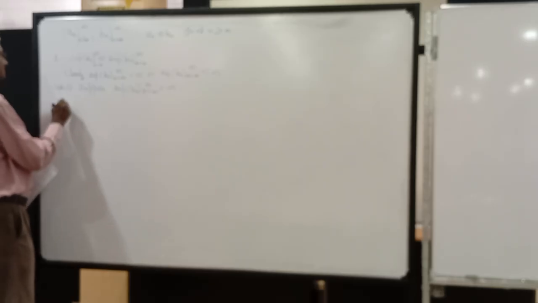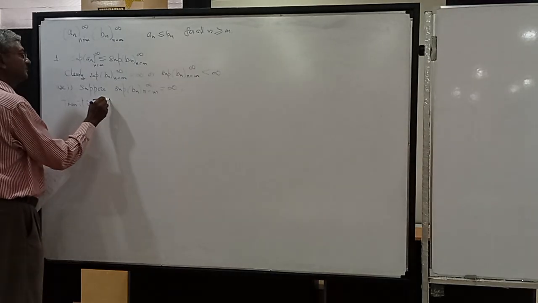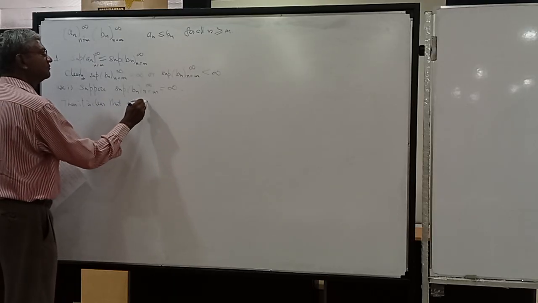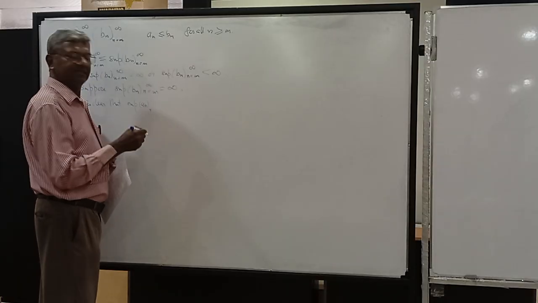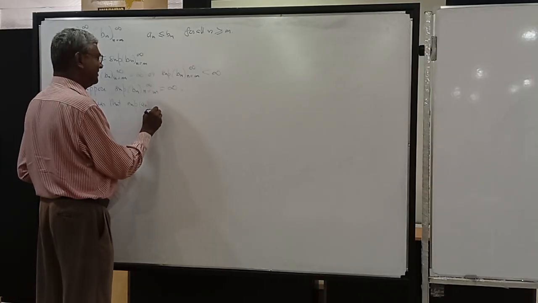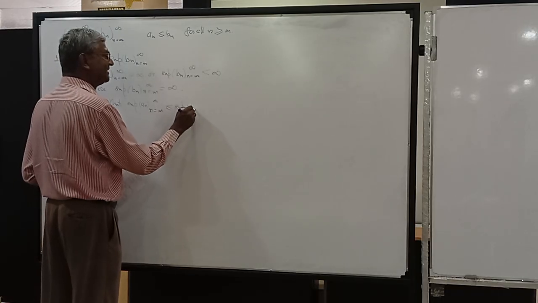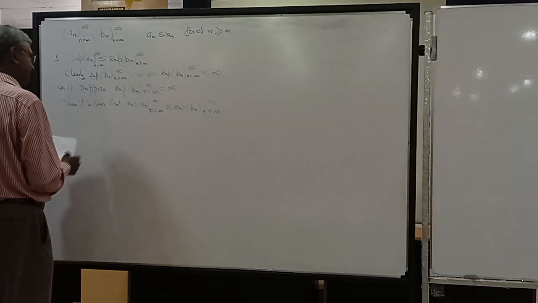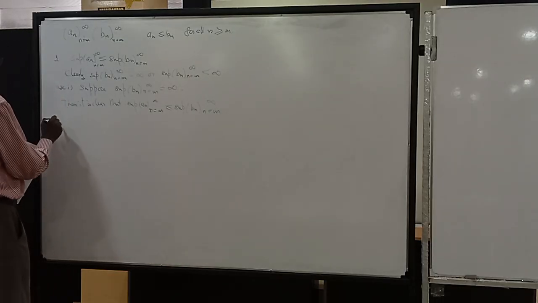Then it is clear that sup a_n is less than or equal to sup b_n, like this, because anything is less than or equal to infinity, we are dealing with real numbers.